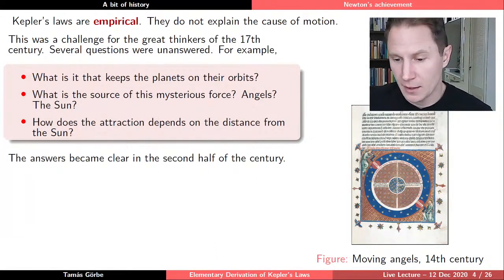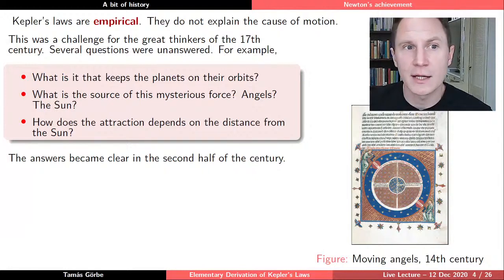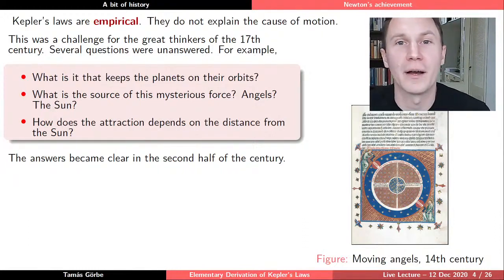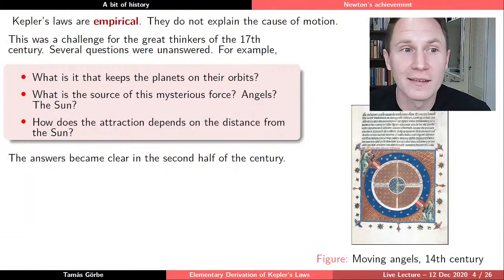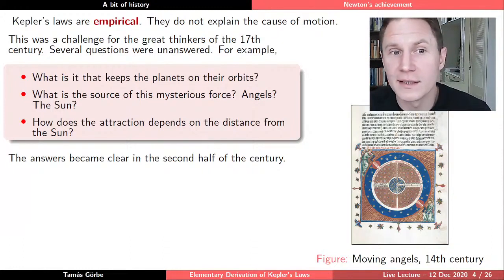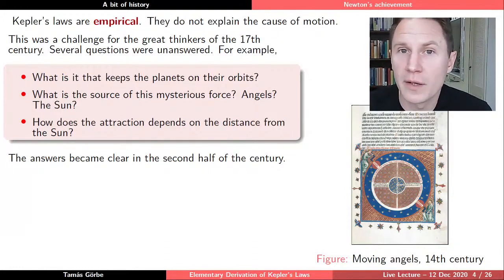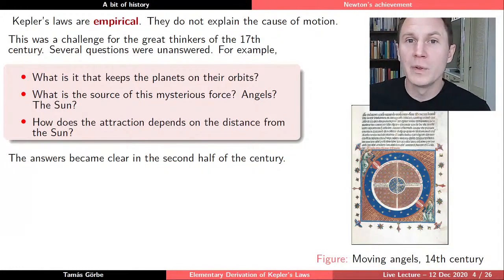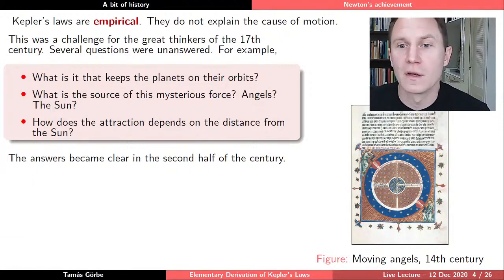And in fact, for a good 50 years in the 17th century, it was a great question. It was a challenge for the thinkers, the scientists of the 17th century, to figure out questions like, what is it that keeps the planets on their orbits? What could be the source of this force?